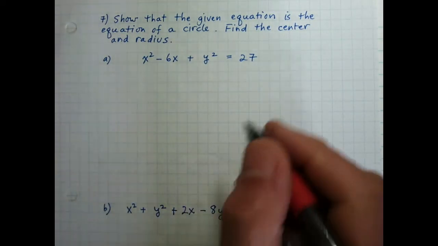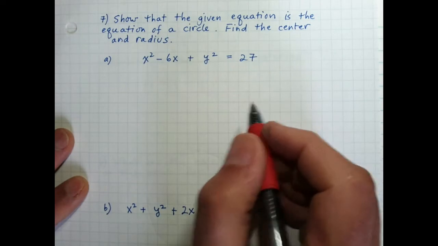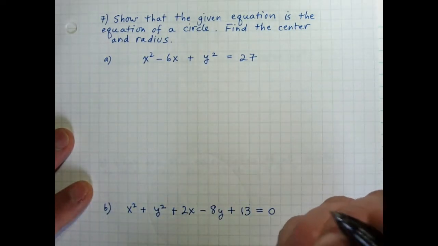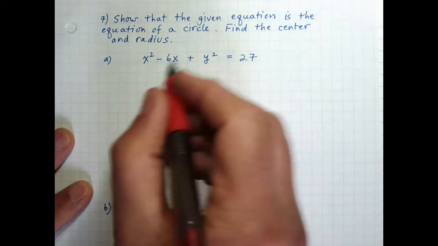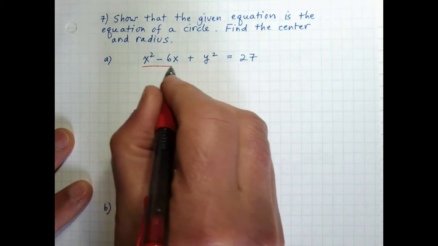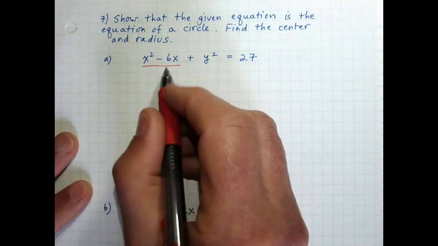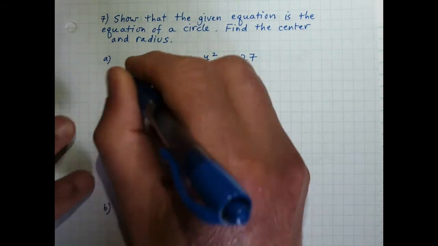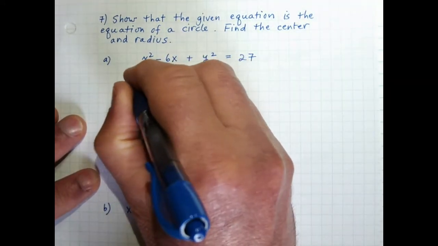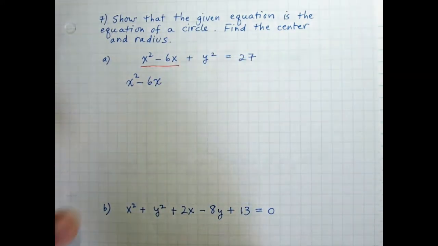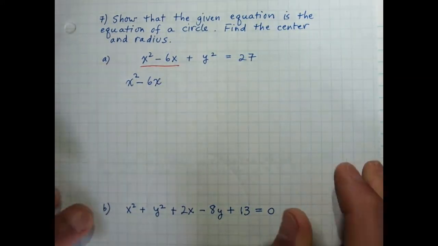And something we're going to do here is called completing the square. Let's just look at these two x terms, x squared minus 6x. What I want to do is add a number onto x squared minus 6x to complete the square.